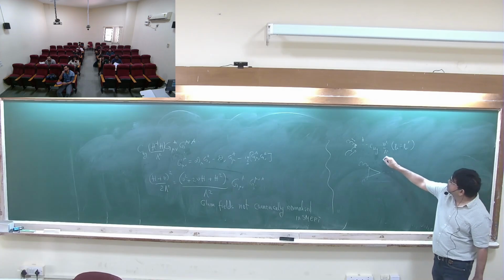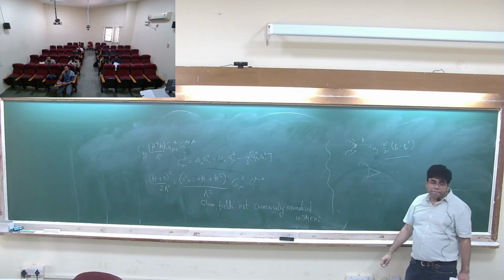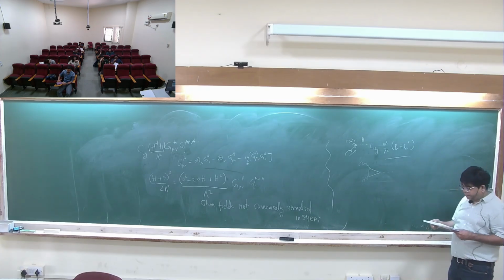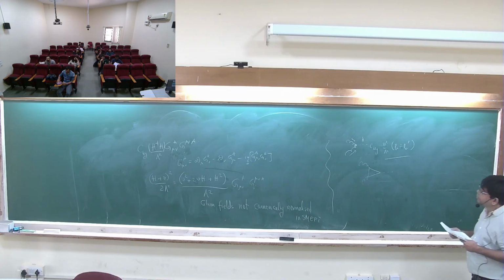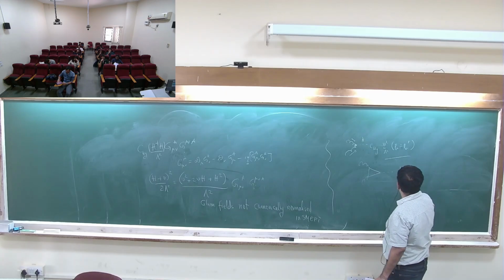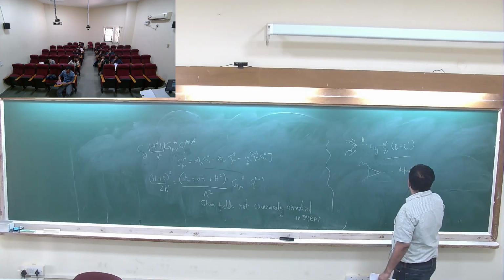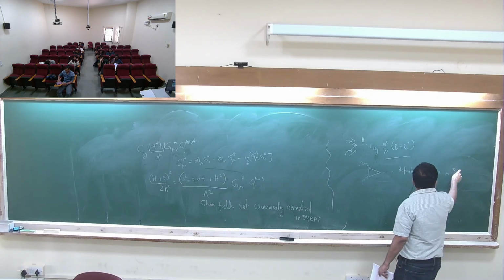So this is the vertex factor you can derive for this particular vertex. So you can play, this is a definite contribution, sum.